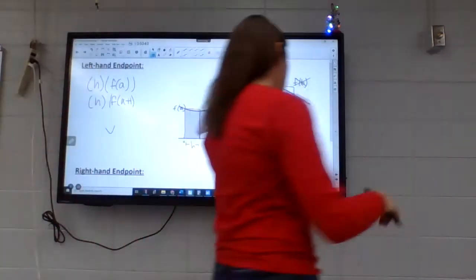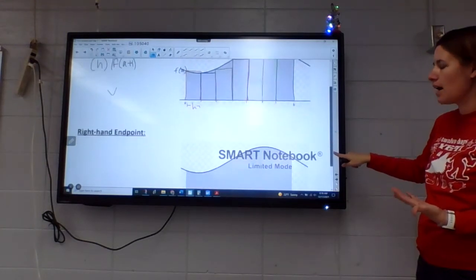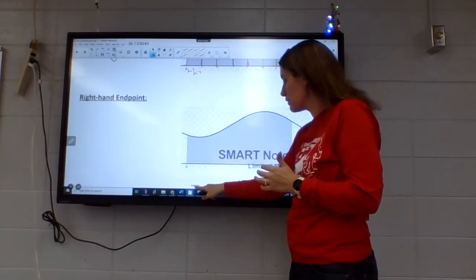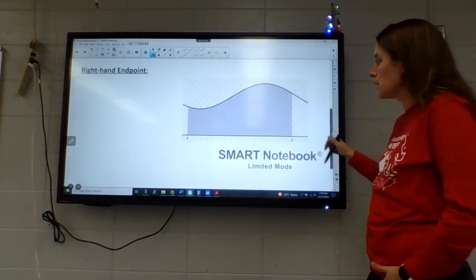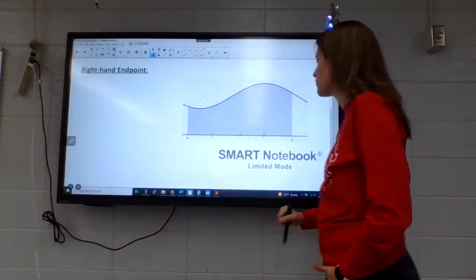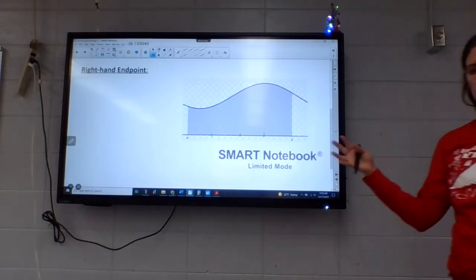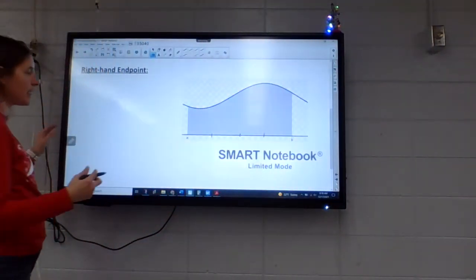So then a right-hand endpoint is a little bit different, just a slight difference. I'll make less spacing this time to make it a little bit easier on us. Let's just do 4 rectangles this time. So this one would be a little bit wider across the bottom, so the h would be bigger in this case. But this time it's asking for a right-hand endpoint.